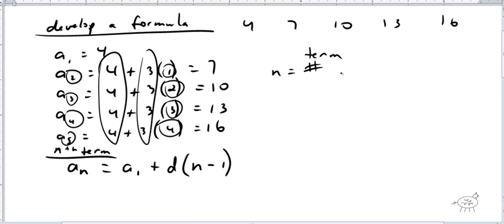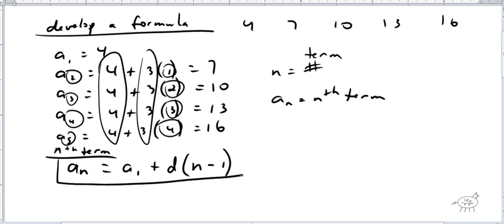A sub 1 being your first term, d the common difference, and a sub n being your nth term. A sub n is the nth term, like the first term, second term, fifth term, 20th term, 100th term, etc. So this nice little friendly formula right here is your equation for an arithmetic sequence.